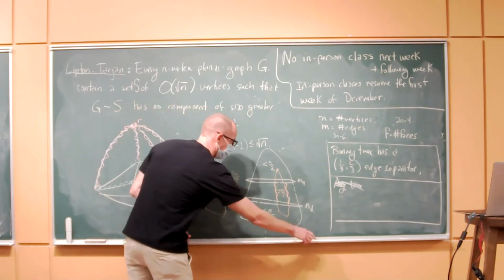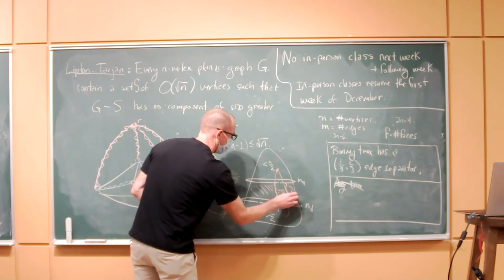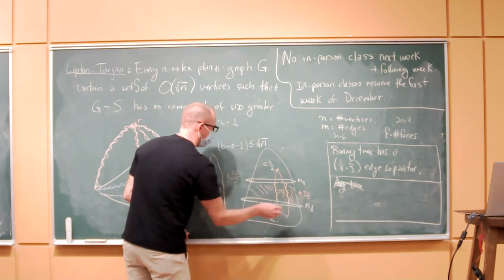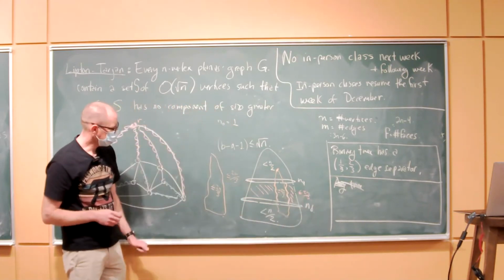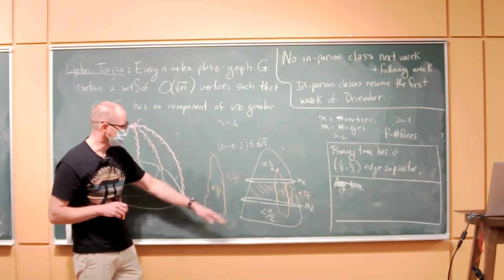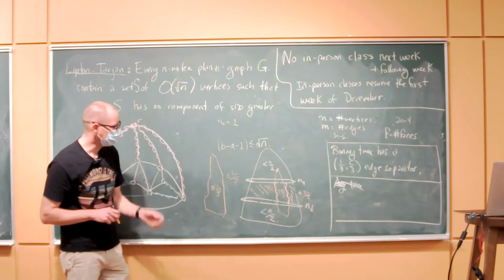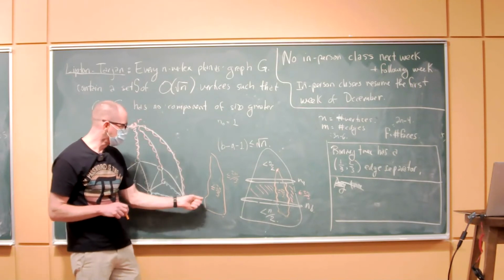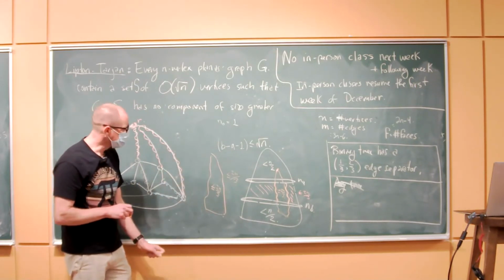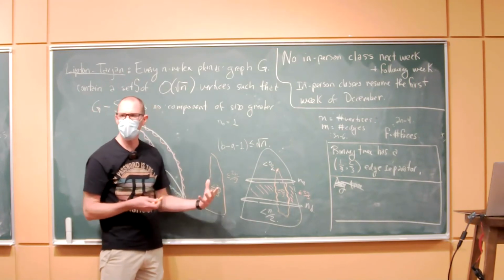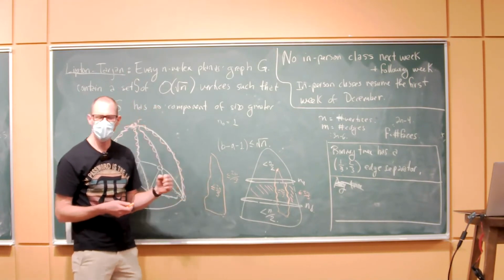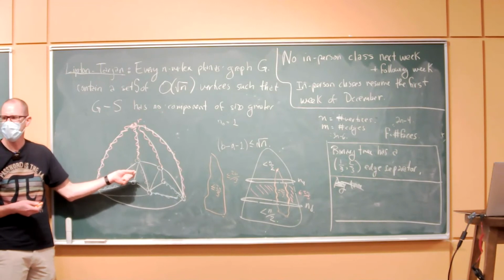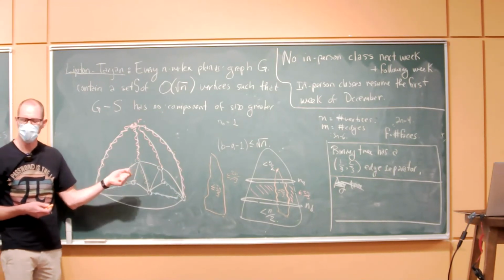And the same thing, if I add up everything here and here, all this pink stuff is also going to be less than 2n over 3 because it's all outside the cycle. So if I could just find that cycle, which doesn't have more than 2n over 3 things inside it and doesn't have more than 2n over 3 things outside of it, then I'd be done. And that's a cycle that I have to make just by closing off one edge of this breadth-first search tree.